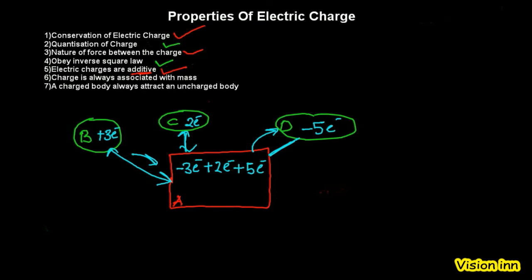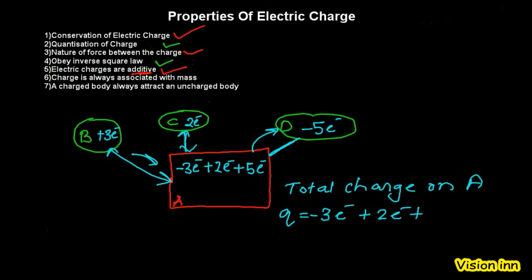So now if I ask what is the total charge on A, it should be given by -3e plus 2e plus 5e. So 5 plus 2 is 7, 7 minus 3 is 4, sign is positive. So the total charge is 4e. This is the property that electric charges are additive. So we'll go on to the next property.